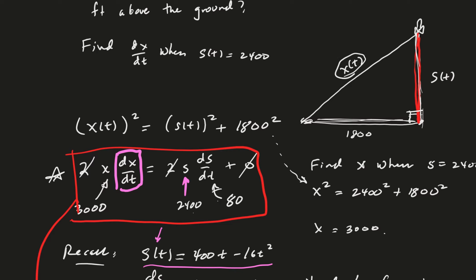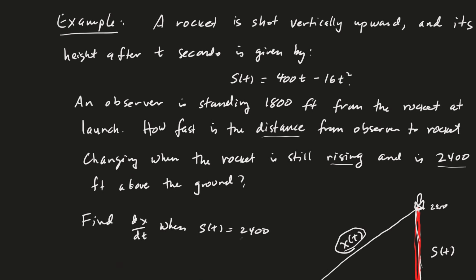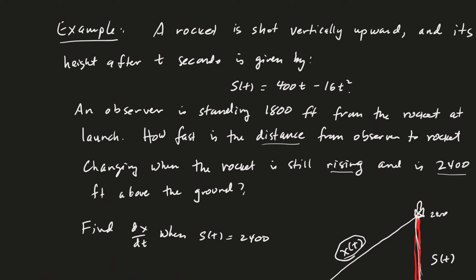And we said that's changing at a rate of 64 feet per second when S of t is right at 2400. Good. And so that does seem reasonable, just looking it over. This was a little bit more complicated kind of a problem, complicated by the fact that S of t was actually some known function that we had to use in order to get some of the other values. Very good.